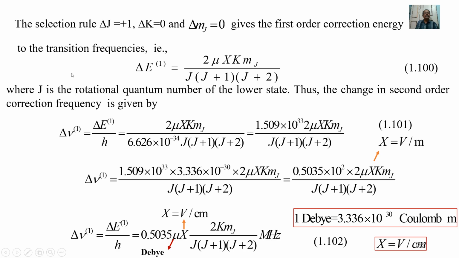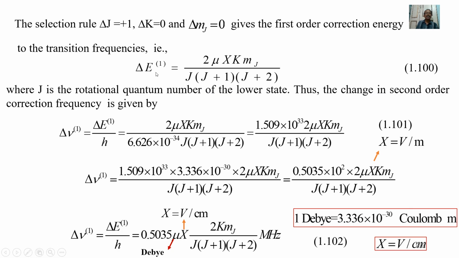The selection rule del J equals plus or minus 1, del K equals 0 and del M_J equals 0 gives the first order correction energy to the transition frequencies. Now del E, the first order correction, you have already seen in this equation earlier. Here J is the rotational quantum number and K is the top axis quantum number. Thus the change in correction frequency: this is the expression for energy.